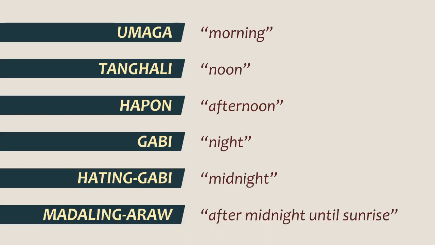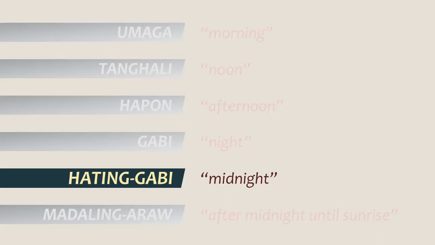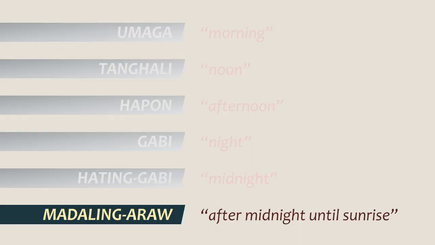Once it is dark outside, it is already gabi or night. Now we also have hating gabi, which is 12 midnight. And finally, we have madaling araw, which is after midnight until the sunrise.